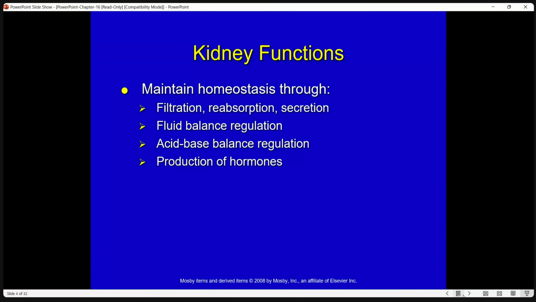So kidney functions. Number one, maintains homeostasis. Homeostasis is a general optimal body condition.